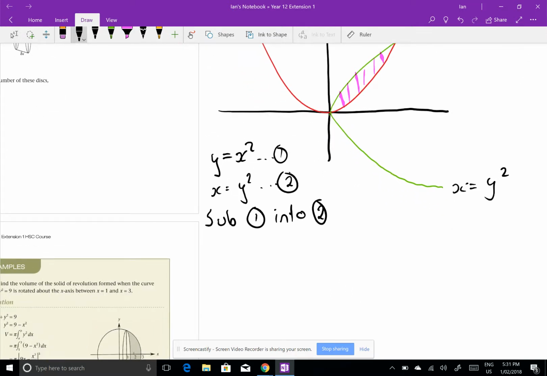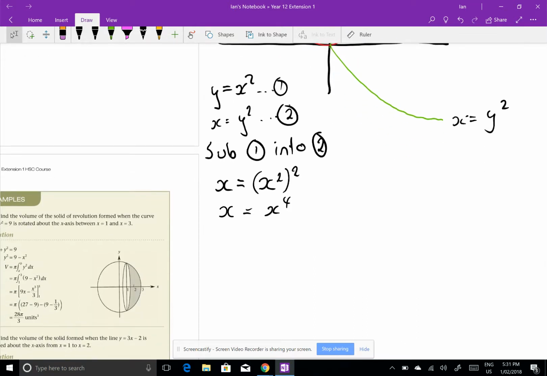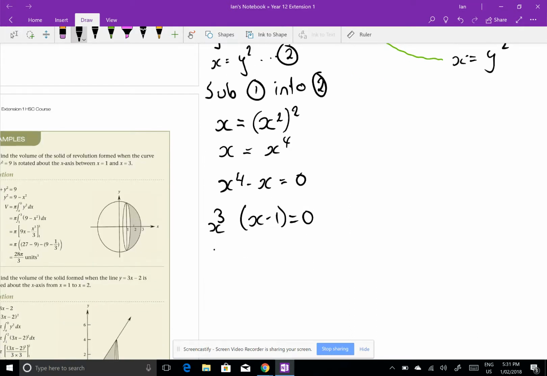So wherever there's a y, I'm going to put x squared. So I get x equals x squared squared, x equals x to the 4. Now I could divide by x, but I'm just going to go, well, that's x to the 4 minus x equals 0. Take the x out, and I'll get x cubed minus 1 equals 0, and I'll get x equals 0 or x equals 1.